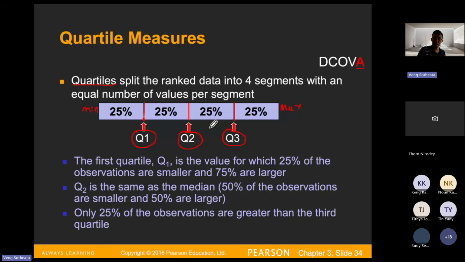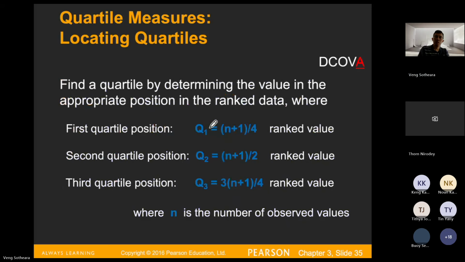But now we're going to make it a little bit more detailed. Not only dividing by 2, but dividing into 4. Maybe we have a different goal. So if you're trying to figure out the position of those, this would be the formula. Okay. So Q2 is in the (n+1)/2 position.